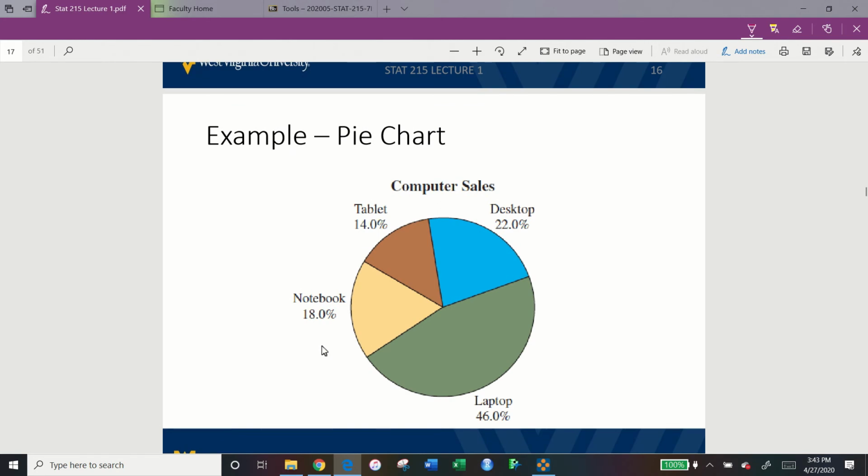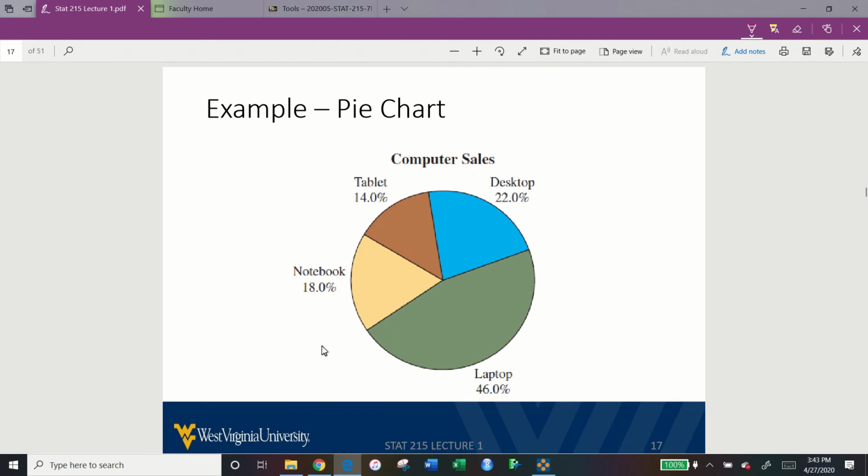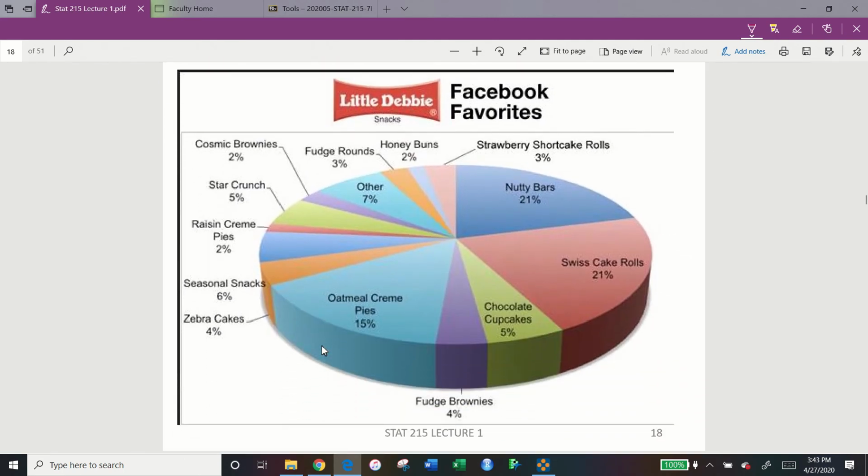So using our same data before, if we're trying to understand the percent of sales that are, say, laptop, a pie chart is going to make that information easier to tell, and we can easily say, oh, 40% of sales are laptops. And you guys know that with things like Publisher and Excel, we can make our bar graphs and our pie charts a little bit fancier.